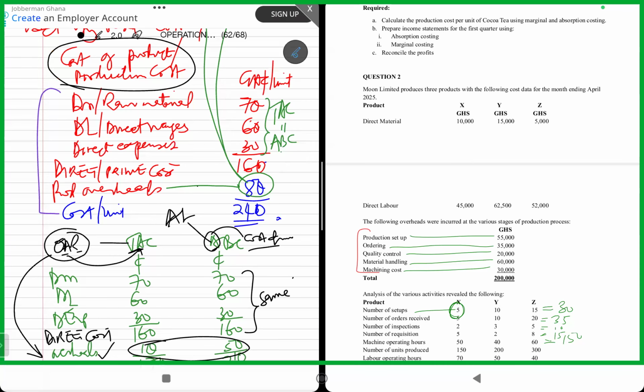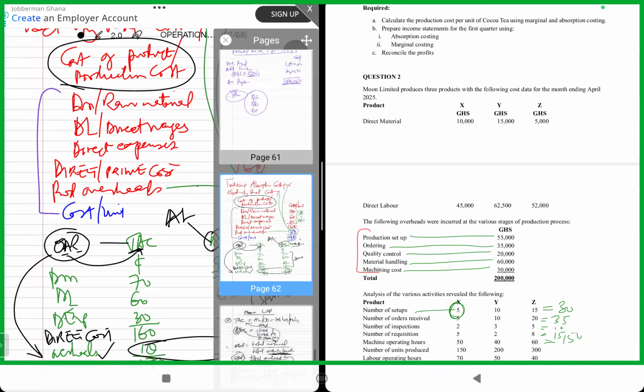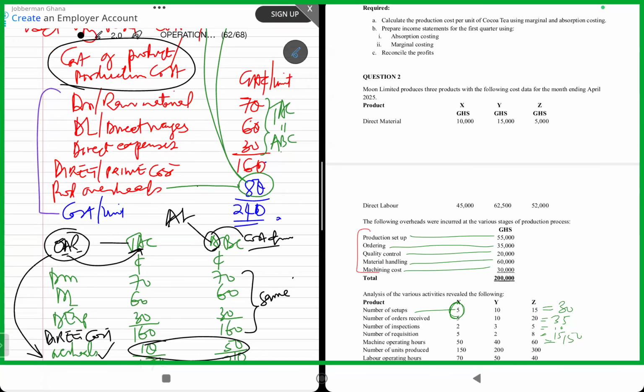We are determining the cost of a product per unit. So you start with material. Overhead is just one part. We have solved the overhead already, but we are finding the cost per unit, the entire cost of the product. And I said product cost starts with material, labor, direct expenses, and we come and add the overheads.